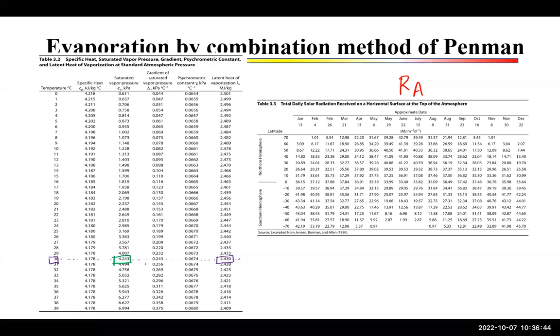So that is the delta, right? And that is the gamma, right? I think you have the better view on your copy. It's 0.243 and 0.0674. Is that correct? Okay.